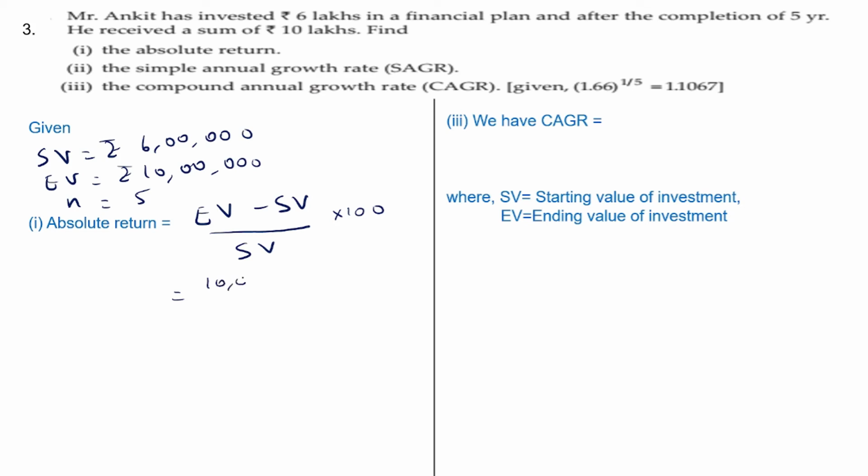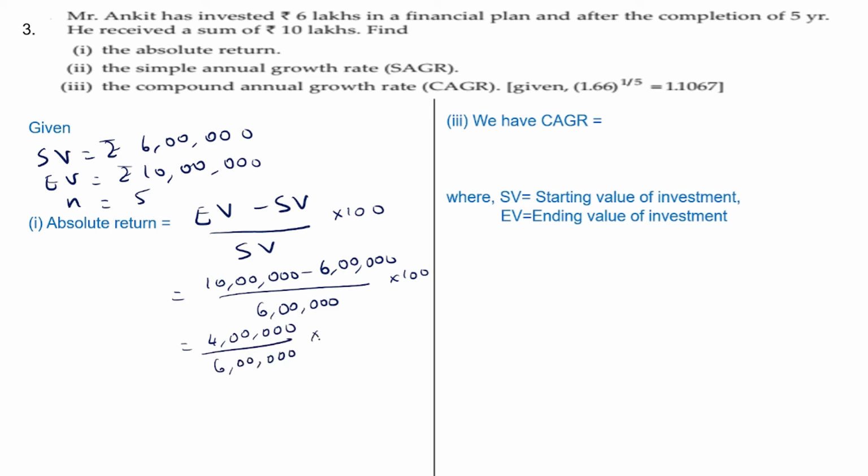So it is 10 lakhs minus 6 lakhs upon 6 lakhs into 100. This is 4 lakhs upon 6 lakhs into 100. When we simplify, we get 66.67%. So this is the absolute return.